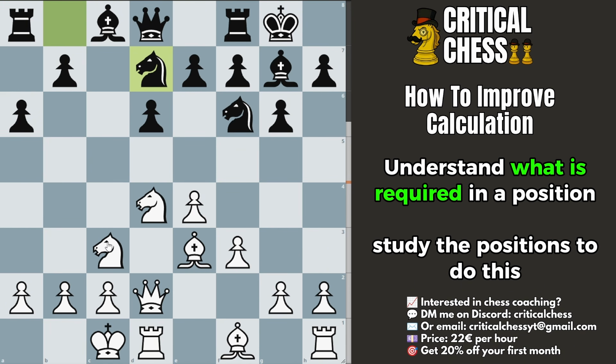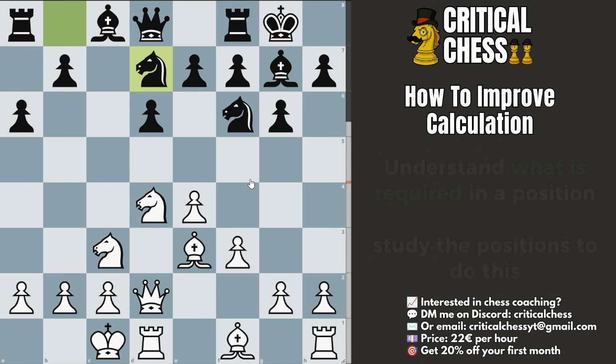You need to study these types of positions in depth. You need to understand all of the attacking ideas if you have a position like this. You need to understand all the maneuvers and positional ideas if you have a Carlsbad structure, let's say. So first things first, understand the demands of the position, and study the position so you know what to look for, so you can calculate it better.